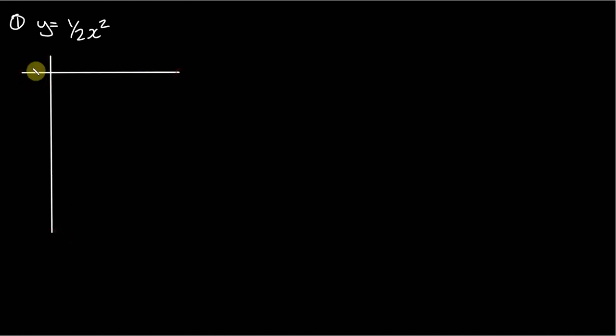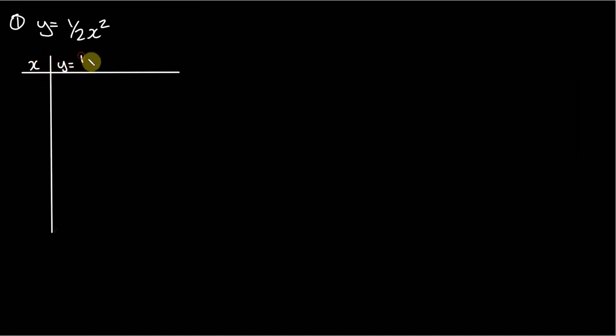But in any case, say we are told that y equals 1/2 x squared. So the first step could be to just create a really basic table of values. We have our x terms in the left column.